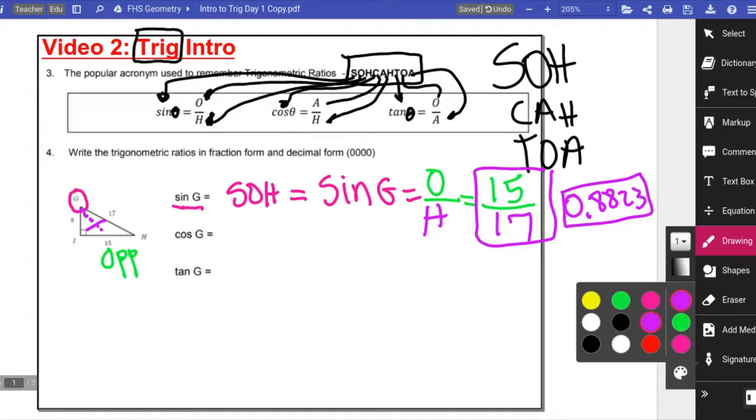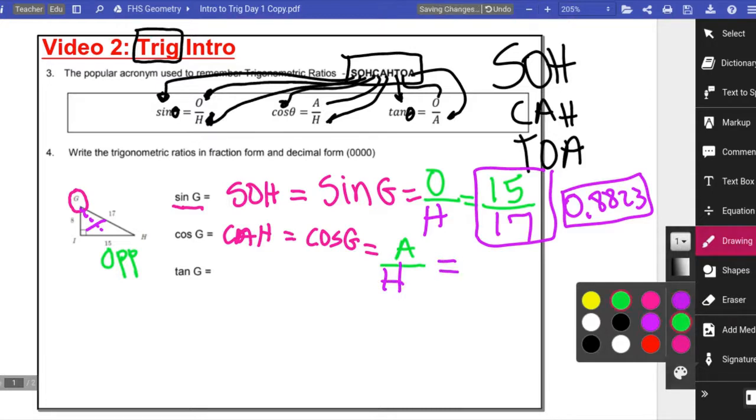Cosine. All right, cosine. So that was CAH. Cosine of whatever angle, which is G, equals adjacent over hypotenuse. All right, cool. Let's do this thing.